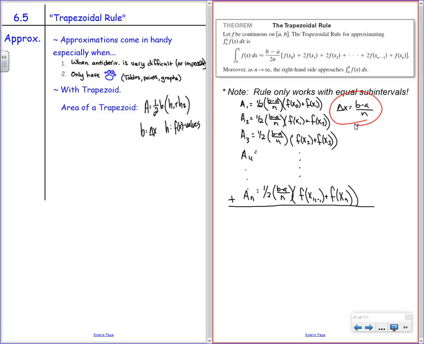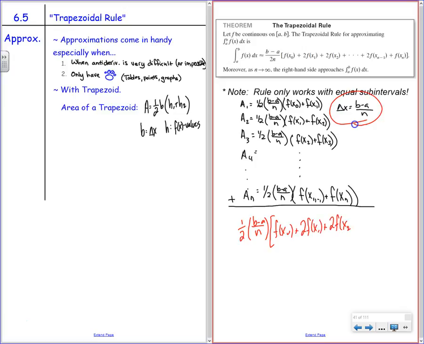But if we were able to do it by hand and choose, we would go ahead and make it all equal. So all the bases, b minus a over n, would be equally spaced. So we could factor out the 1/2 from everybody, and factor out the base because it would be equal. And then when we accumulate all of the heights, we would only have one of the far left, and we would have 2 of everybody else.